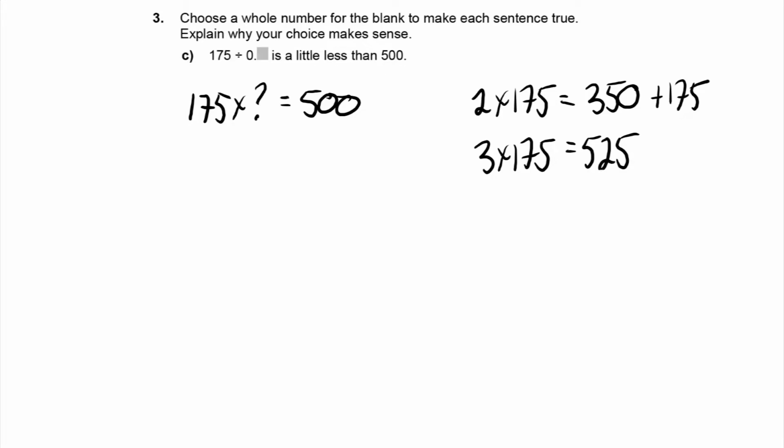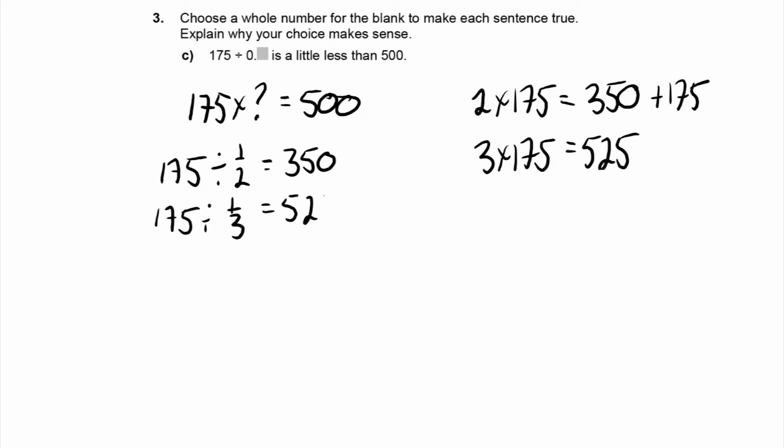So if 175 times 2 gave me 350, and 3 times 175 gave me 525, that also tells me that 175 divided by 1/2 is equal to 350, and 175 divided by 1/3 is equal to 525.